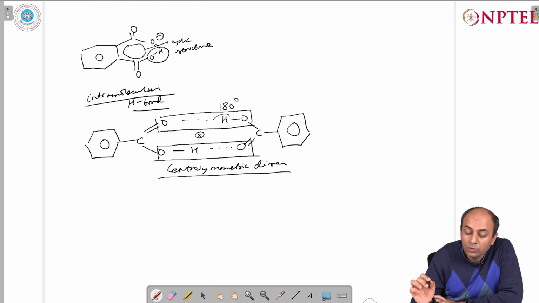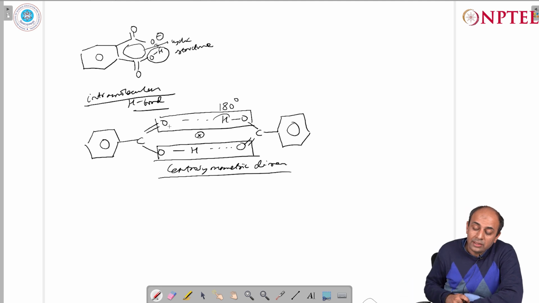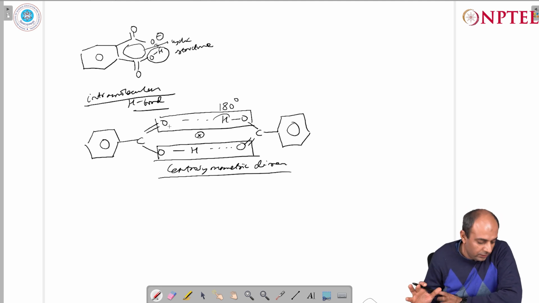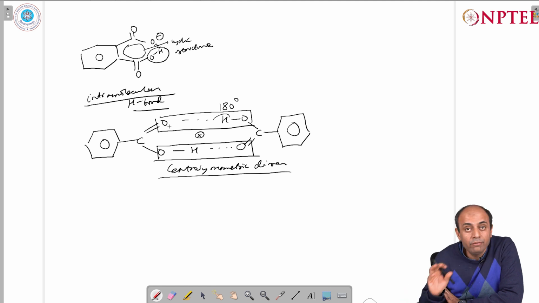The directionality is almost 180 degree, and also the separation between the hydrogen and the oxygen is smaller than the sum of the van der Waals radius of hydrogen plus oxygen.